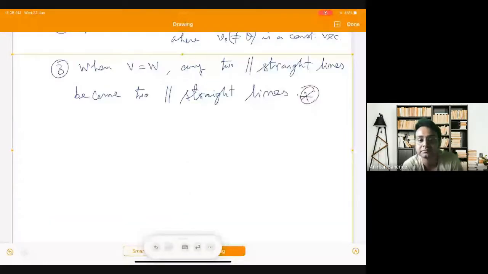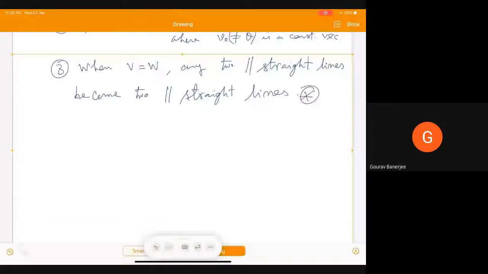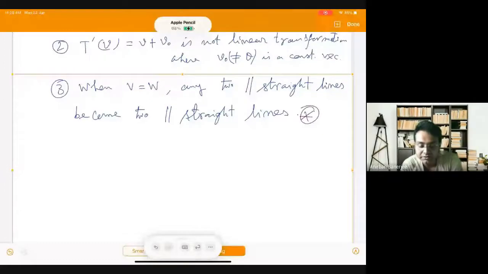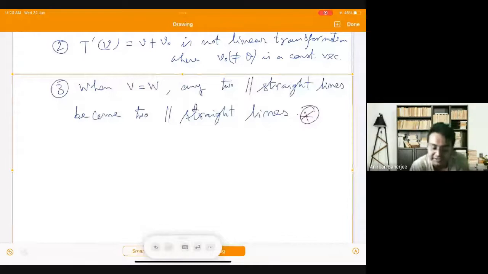Now, Gaurav? So this third point, can you please explain that when any two parallel straight lines you are talking about, aren't they becoming the same lines? Because both of them must pass through null vector. No, what I mean is that geometrically, let's say you take the usual coordinates with respect to the standard basis and you have these two lines.